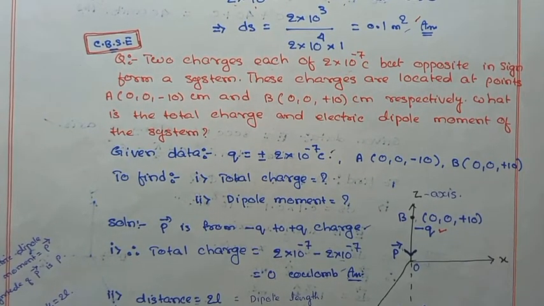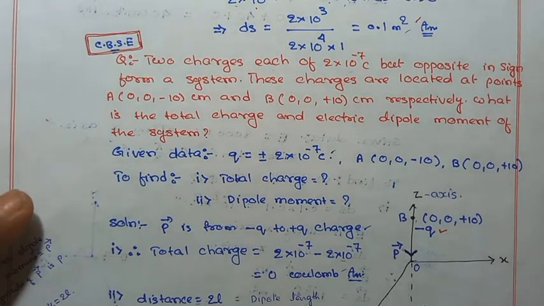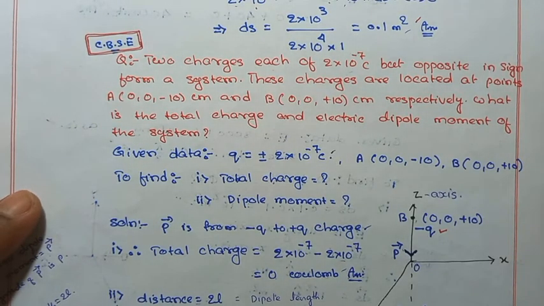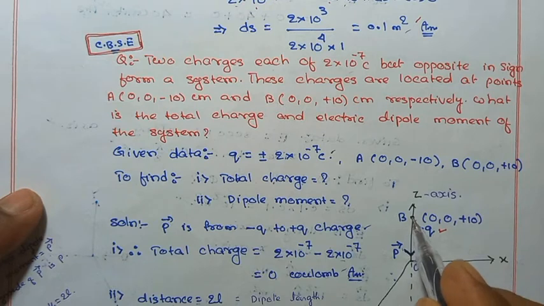One is a positive charge, another one is a negative charge, and the positive charge is placed at (0, 0, minus 10). (0, 0, minus 10) means along the z axis. In the z axis, x is 0, y is 0, and (0, 0, minus 10) is along the negative z axis, and (0, 0, plus 10) is along the positive z axis.